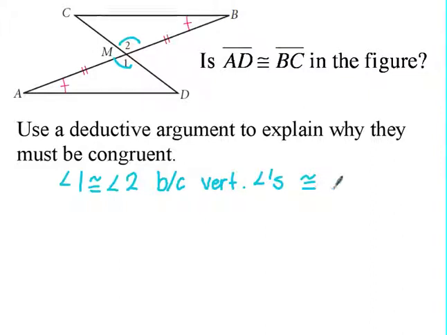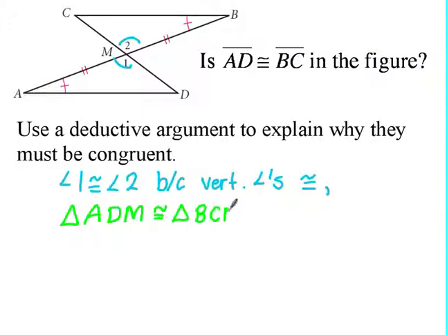I know that triangle ADM is congruent to what triangle? What is A the same as? B. What is D the same as?